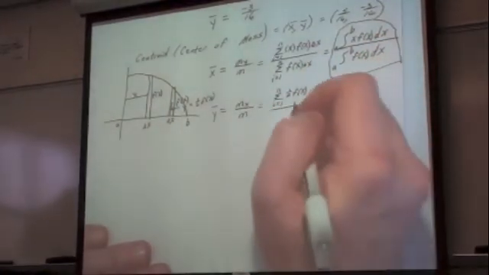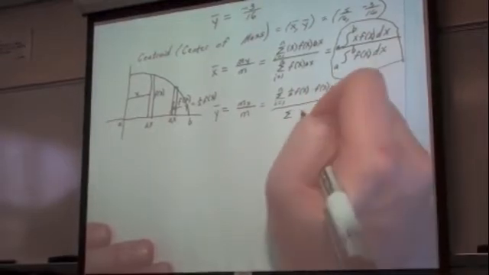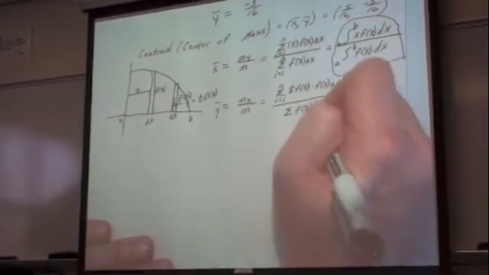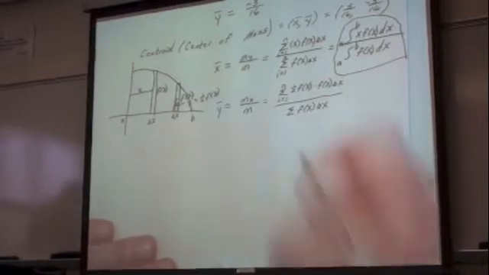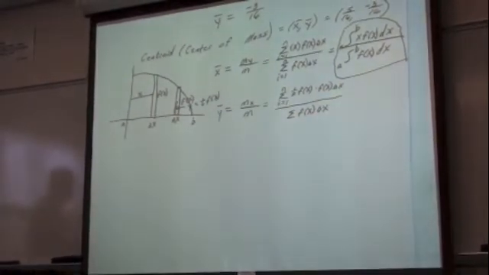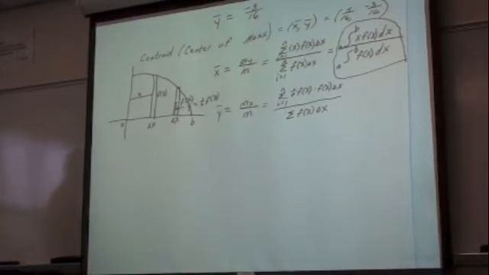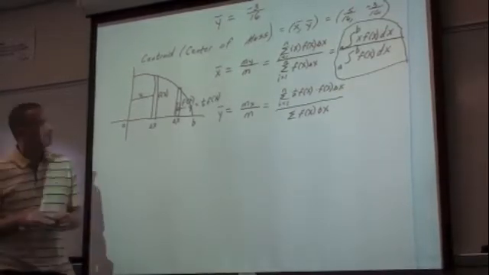All divided by the summation of our masses, summation of f of x delta x. And I think I'll just leave the 1 to n off the summation, because it's implied to be 1 to n if you don't put anything.